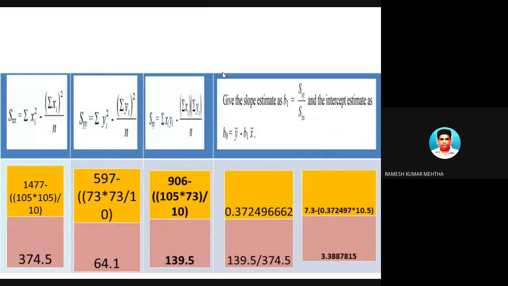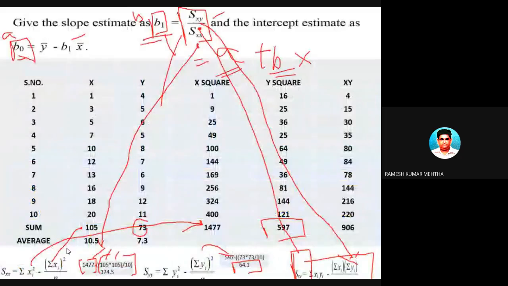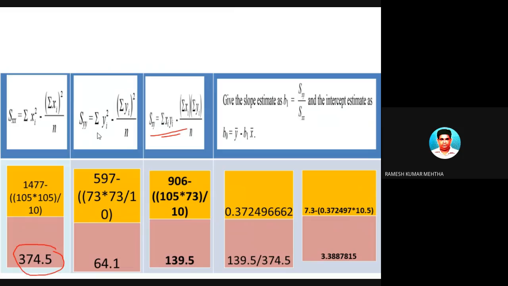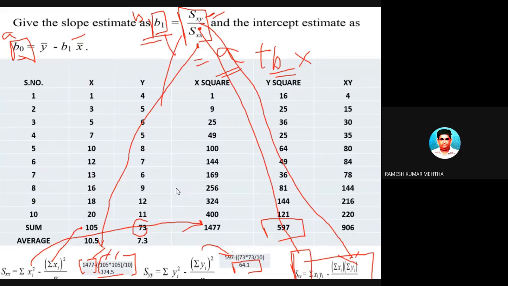So this is the calculation. I wanted to find out this. Already we have found out this 374.5. If you remember, look here, 374.5, I already got it. Now for the numerator, I have calculated here: sum of xy is equal to 906. Now where is 906?